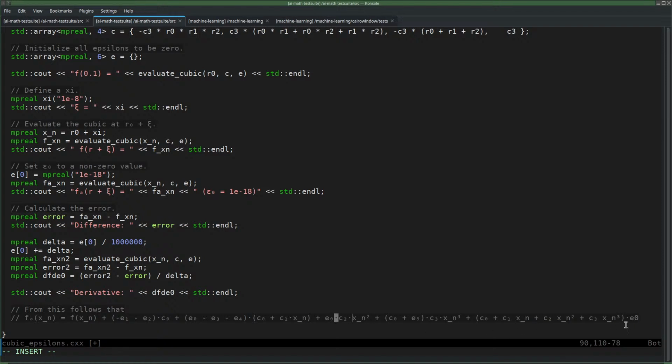Epsilon 0 times C2 times xn squared plus C0 times C3 times xn cubed. Yep. So now we put it in this part.